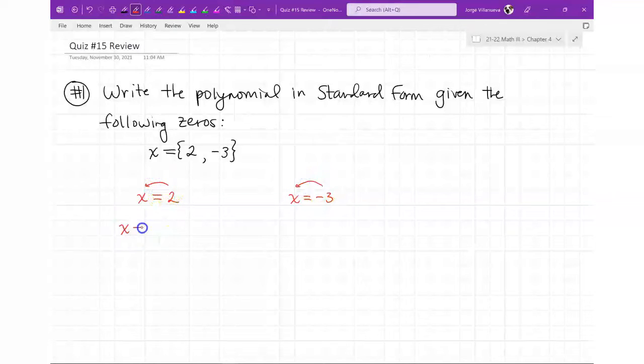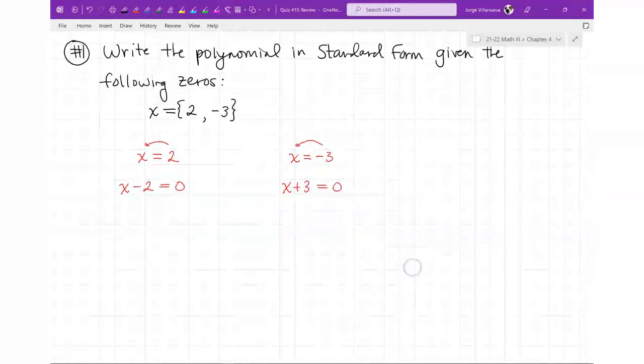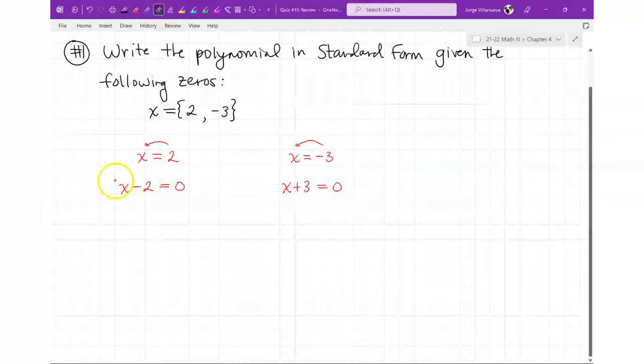It's going to look like this. Are you guys okay? Are you with me on that? Just moving the numbers over to the side, setting it equal to 0. That's important. We want to set them equal to 0. That's why we call them the zeros, right? They're equal to 0.